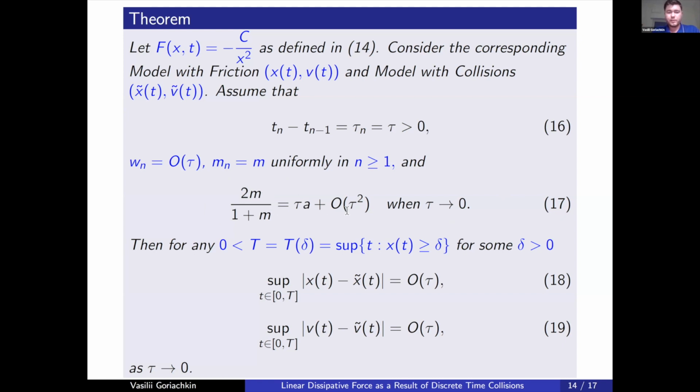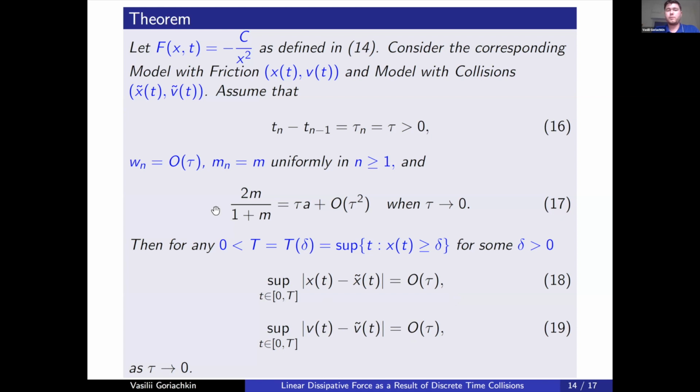then the Chebyshev norm of the difference between the trajectories of the model with friction and the model with collisions is of order tau. And the velocities are close to each other as well, as tau goes to 0.